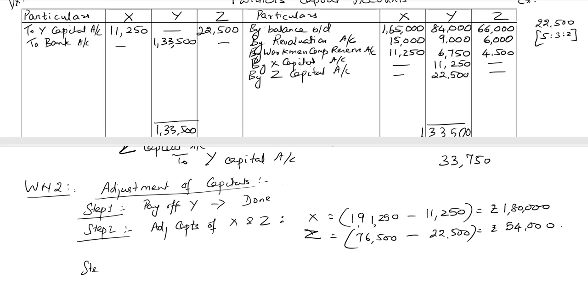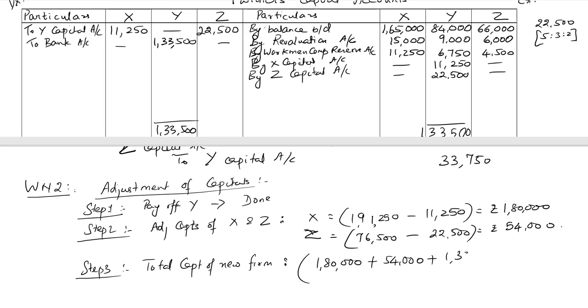Step 3 is to get the total capital of the new firm. For this, we need to add up the adjusted capitals. 1,80,000 for X plus that of Z, 54,000 rupees. Plus, we need to add up the amount which is paid to the retiring partner, which is 1,33,500 rupees.